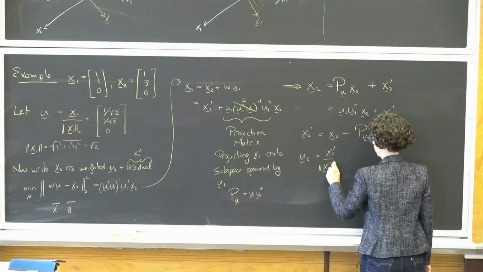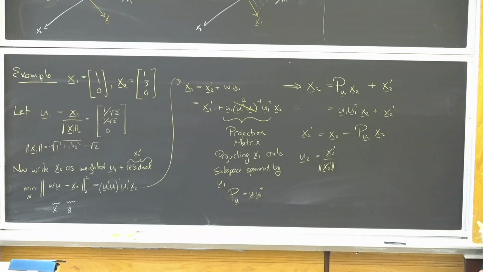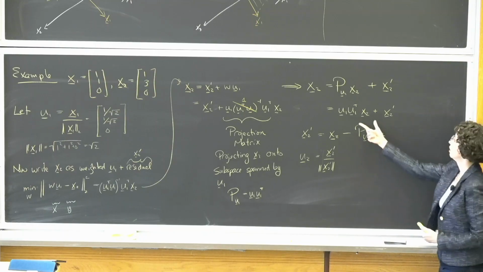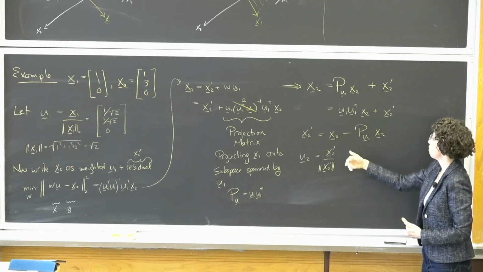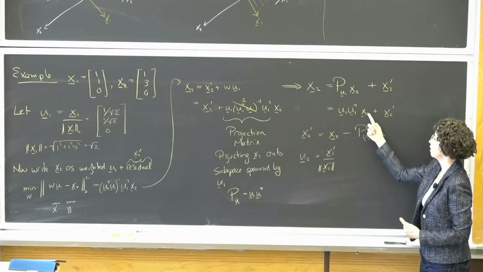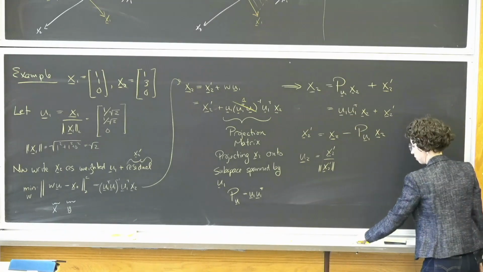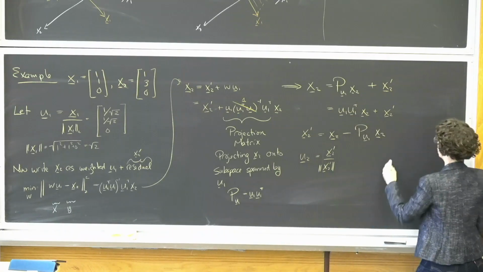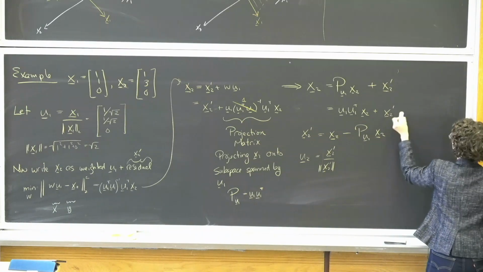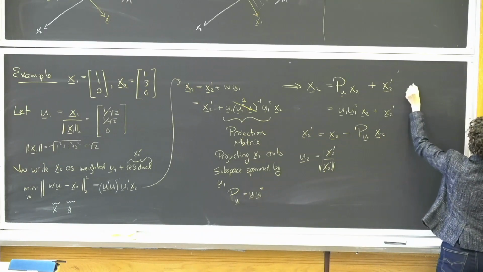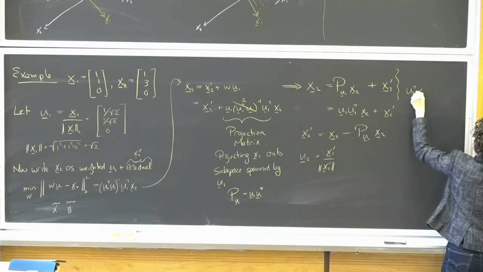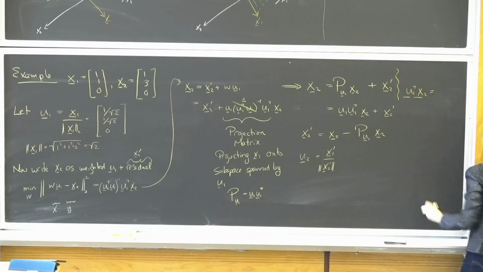I meant x2 prime. Okay, so if we work this out numerically now for our example, when we compute this projection, when we compute u1 transpose x2, what are we going to get? So u1 transpose x2 is equal to what?